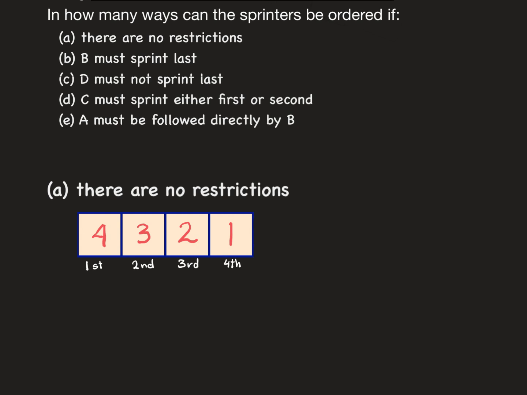Consequently, the total number of permutations will be, using the product principle, we just multiply 4 multiplied by 3 multiplied by 2 multiplied by 1, and that ends up being 24 different permutations.